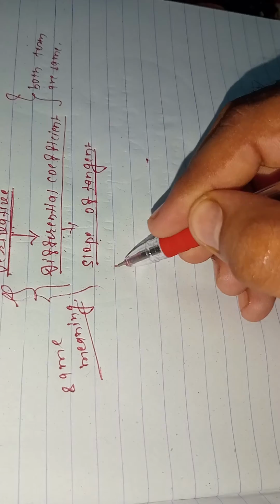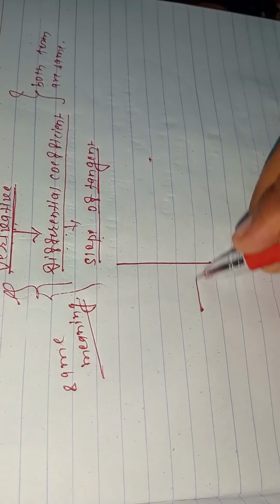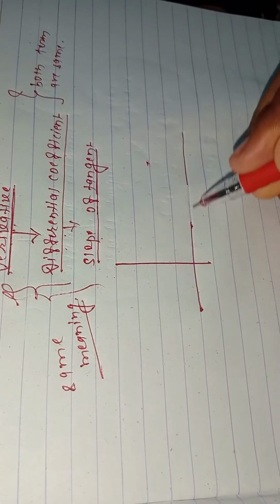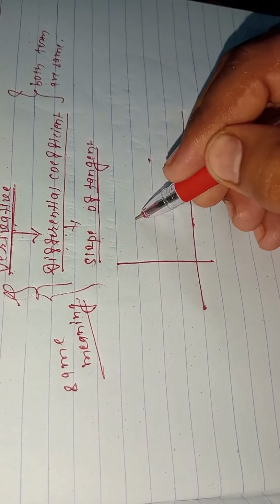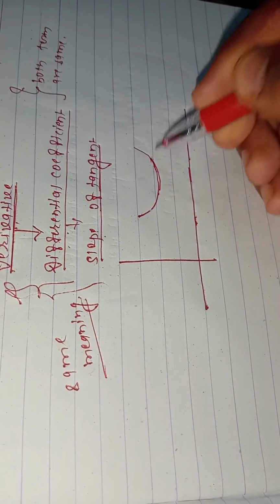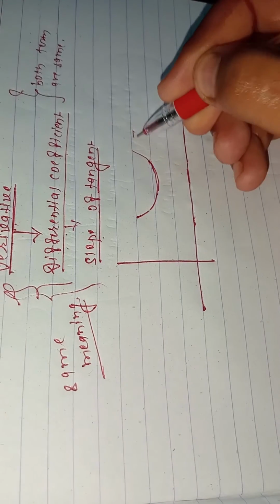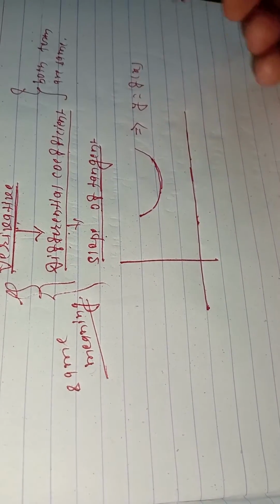So let us consider, I am going to take one graph. Suppose this graph is y is equal to f(x).